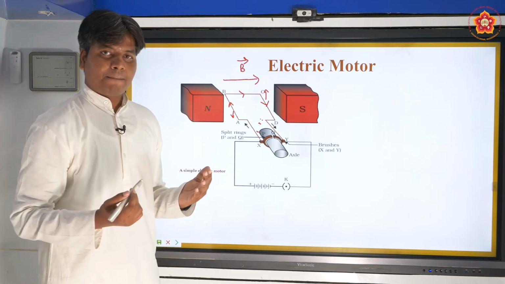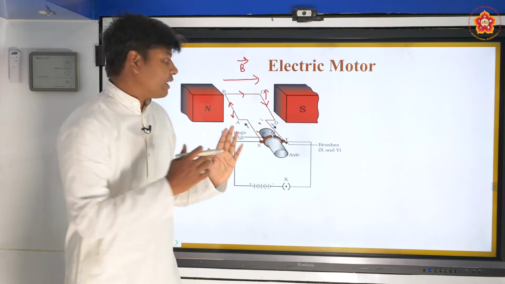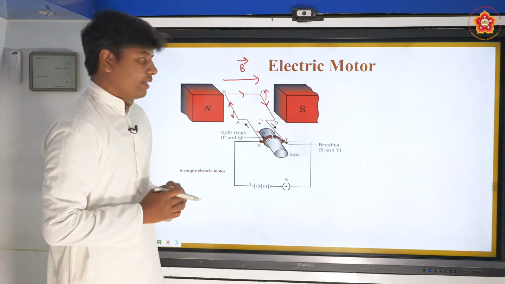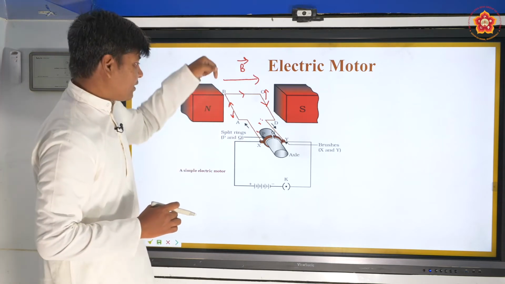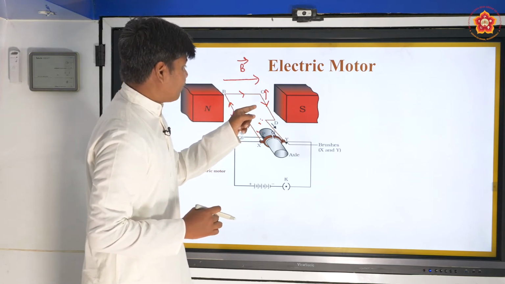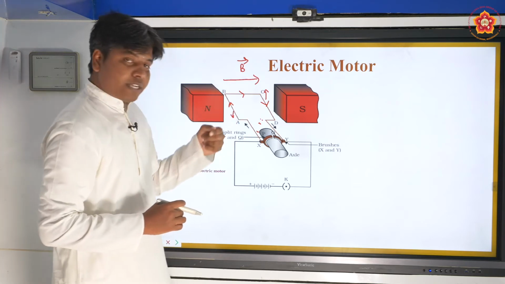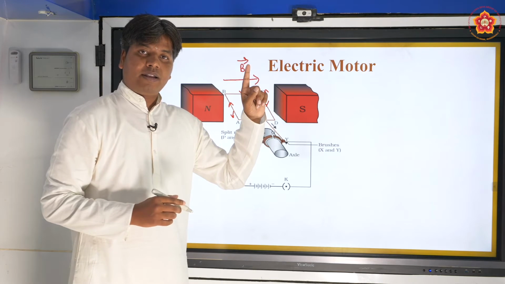Just think. Why is AB coming down and CD going up? Because of the change of direction of current, right? Here AB is experiencing this current inside the board, that's why it is experiencing force downwards. Now CD is experiencing the force outside the board, that's why it is experiencing force up, right?